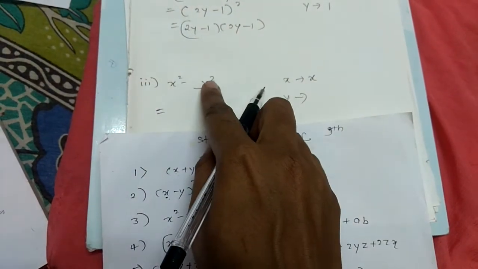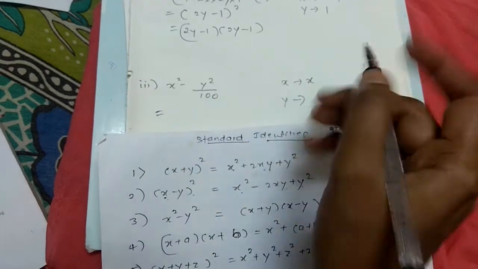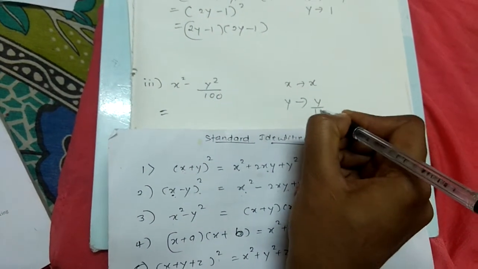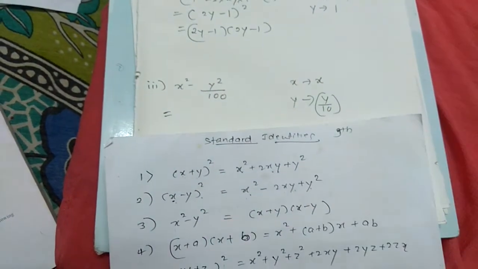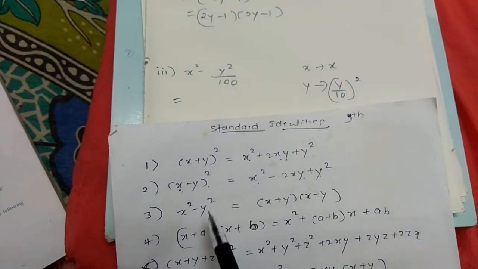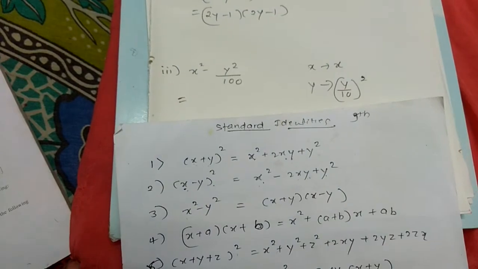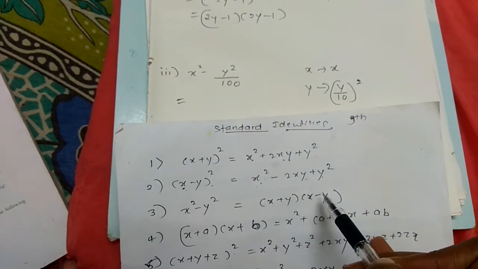We can write y square in square form, even 100 we can write in square form because 100 is a square number. So we can write the second term as y divided by 10 its square. So x square minus y square, you have to split. Remember factorization is splitting. So this is x plus y, x minus y.